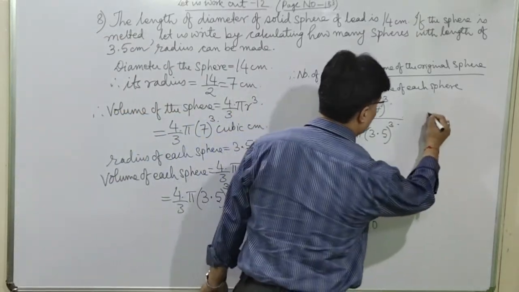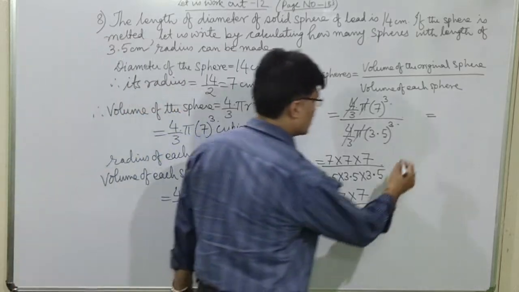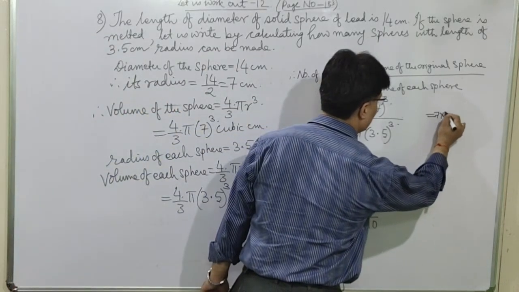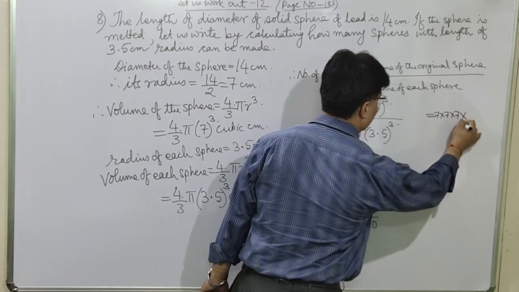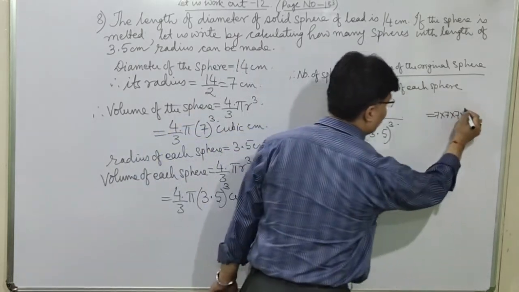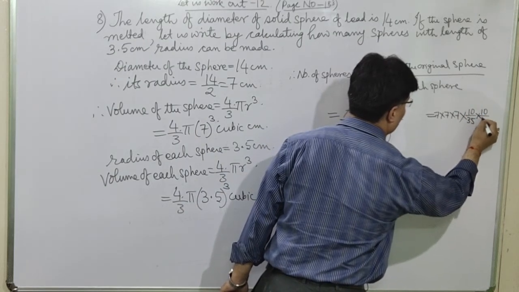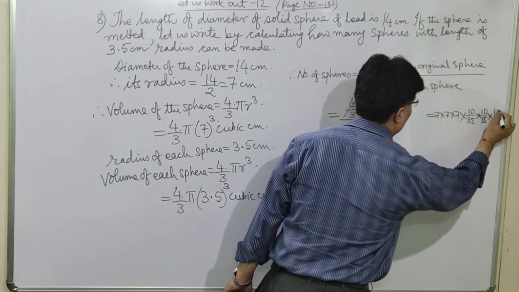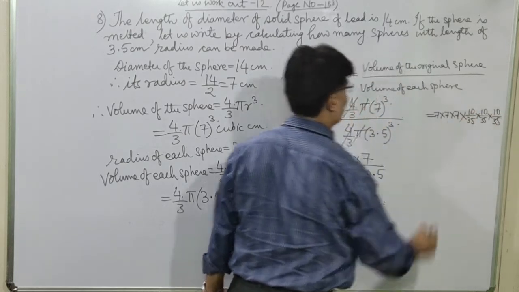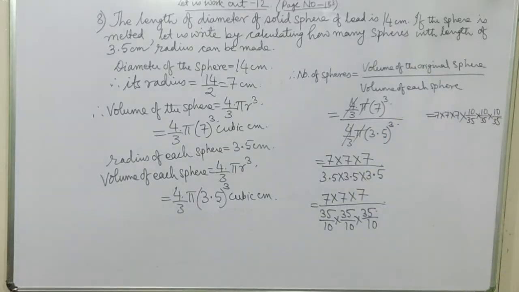So which is equal to, now we can simplify it further. So 7 into 7 into 7, into, so when it goes up it becomes upside down, that is 10 by 35 into 10 by 35 into 10 by 35, right? So I think you have understood it. You can copy it, okay?